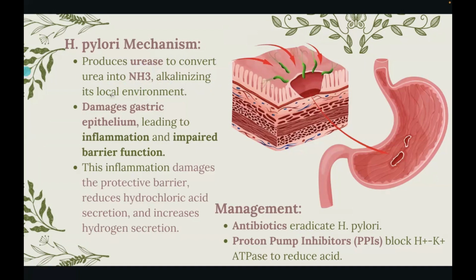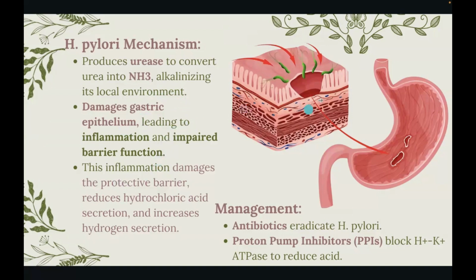So when I start to produce substances that alkalinize it, we're basically damaging the gastric epithelium and creating a favorable environment for the H. pylori to grow. Because obviously it is an infection, so they cannot withstand a very acidic environment. They can withstand it for only short amounts of time. So how are they going to cope with it and still live in the stomach? They start to alkalinize the stomach itself by secreting urease.